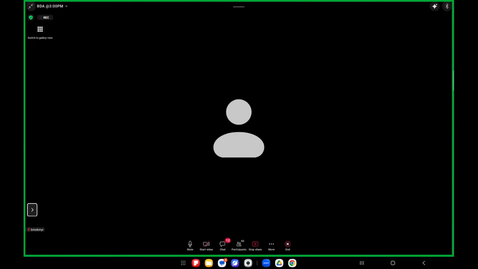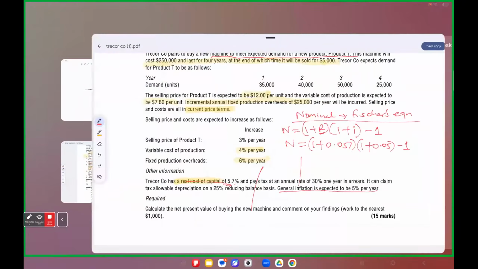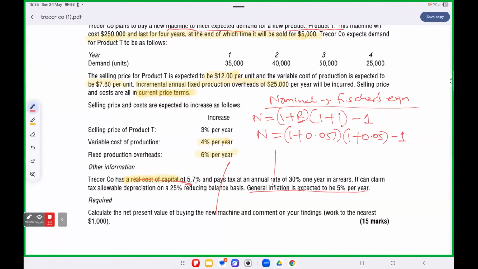The second step that I should be able to tackle now: remember, they have told us something very, very important in this question. There is what we call taxation.